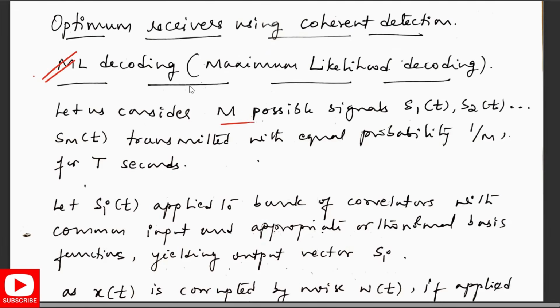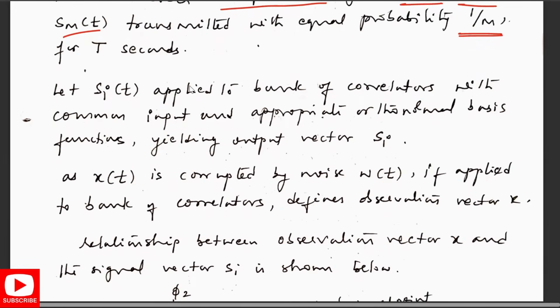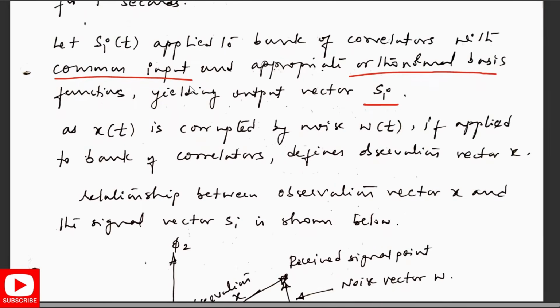Let us consider, as I said, m possible signals S1 of t, S2 of t, like that till Sm of t. They are transmitted with an equal probability of 1 by m for T seconds. Let Si of t be applied to the bank of correlators, which has a common input and appropriate orthonormal basis functions, yielding the output Si. Now as x of t is corrupted by the noise omega of t, if applied to the bank of correlators, this defines an observation vector x.